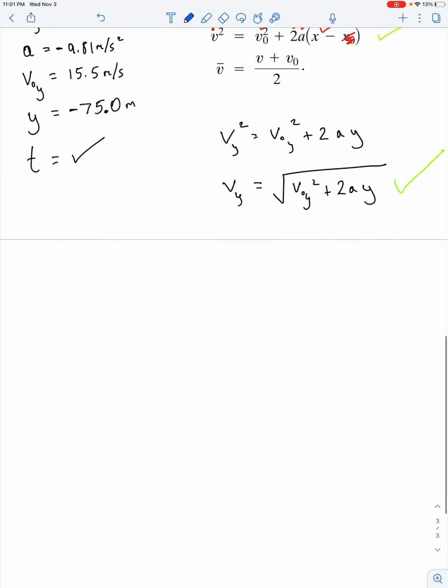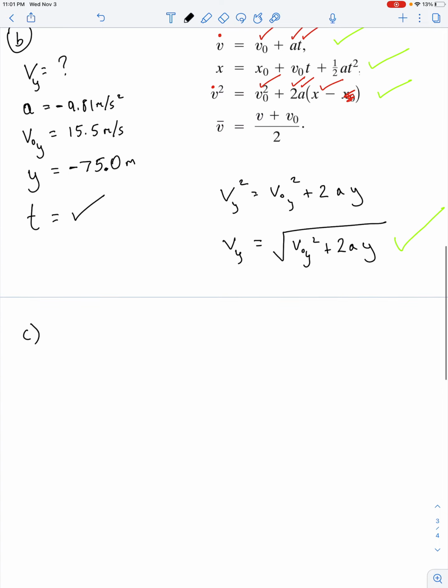So the total distance, we're looking for part C. The total distance, let's call it D, would be equal to y1 plus y2 plus y.